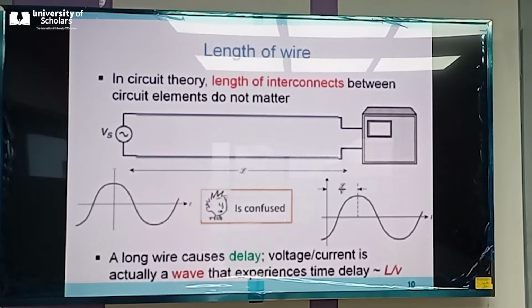And therefore, there is no change in the voltage waveform from one end to the other end. In other words, the length of the wire does not really matter. So now you know where electromagnetic theory is involved.